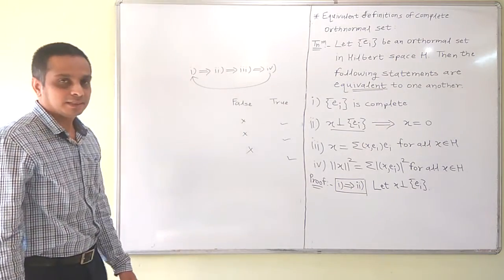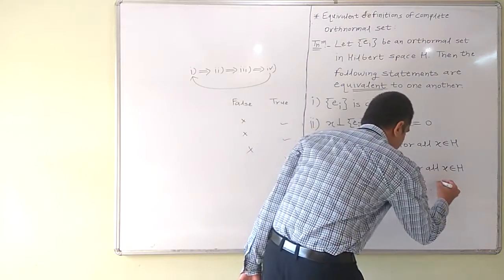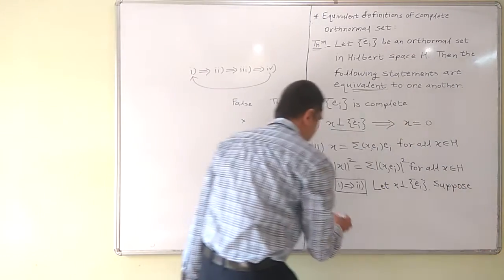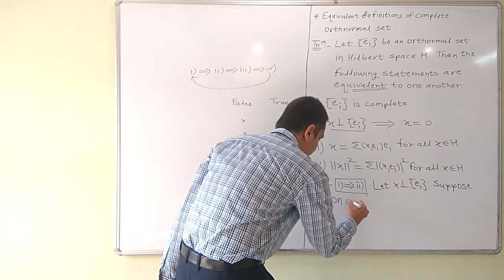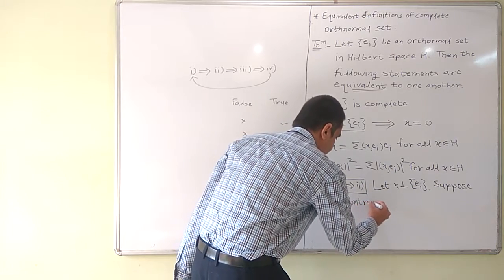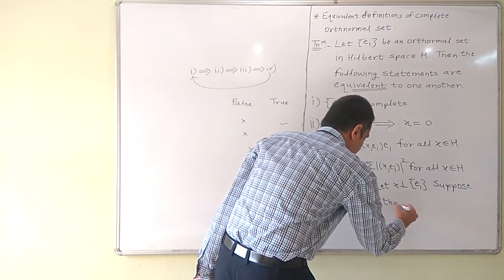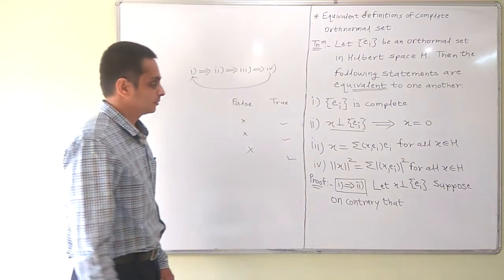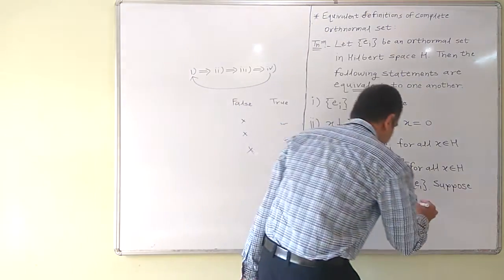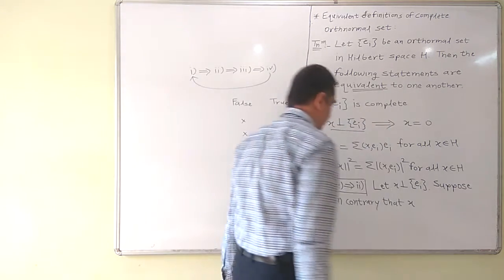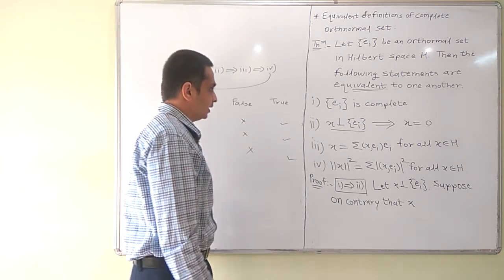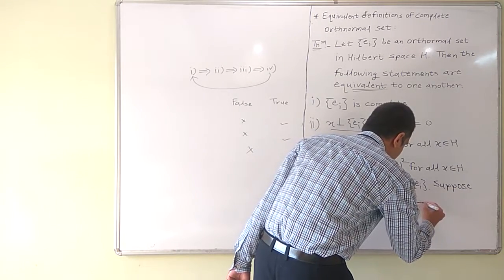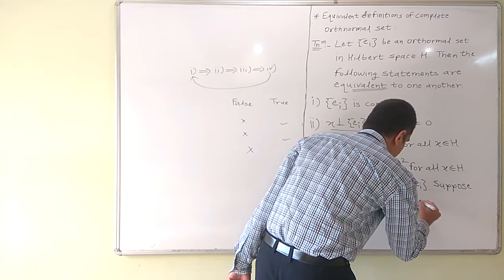Suppose, on the contrary, that x is not equal to 0. We have to prove that x is 0, and on the contrary we are assuming that x is not equal to 0.